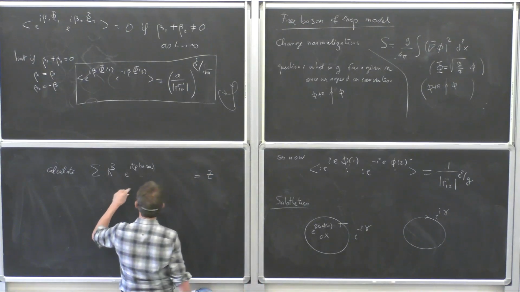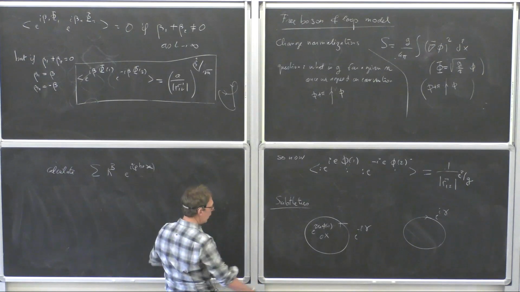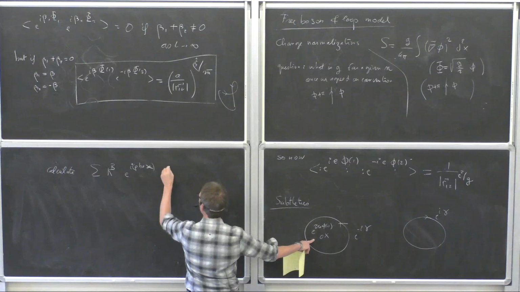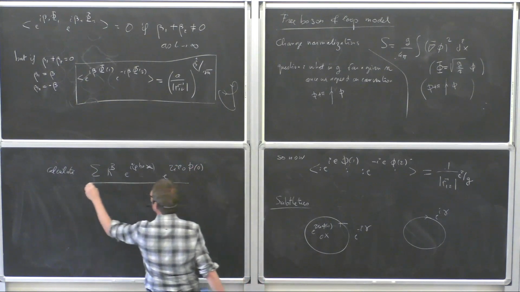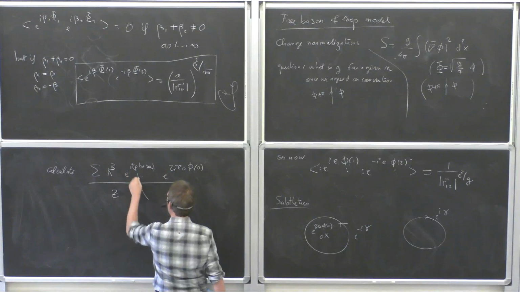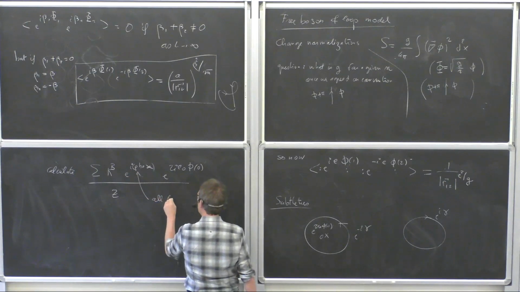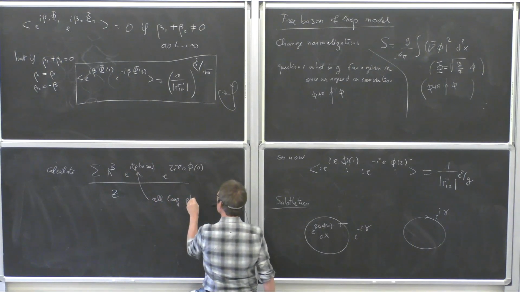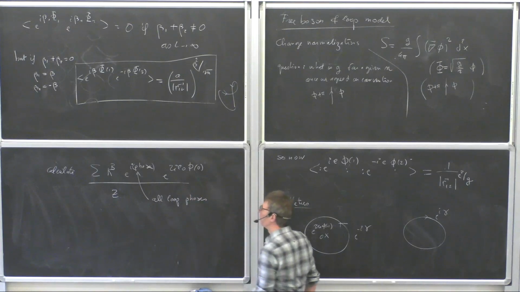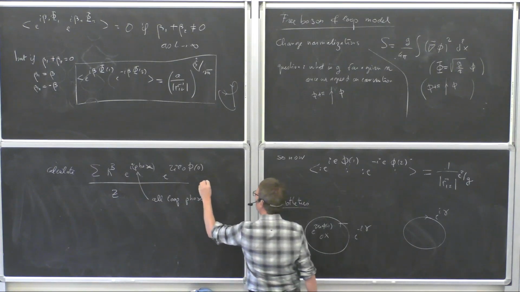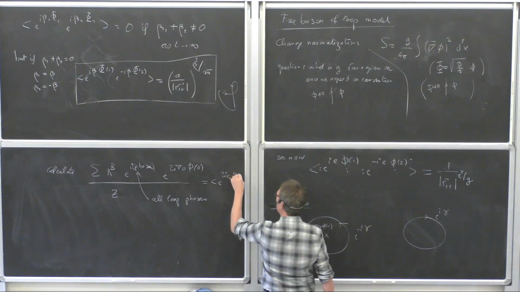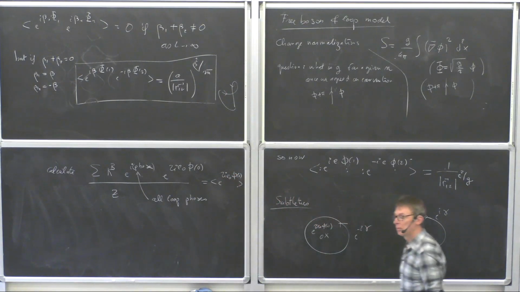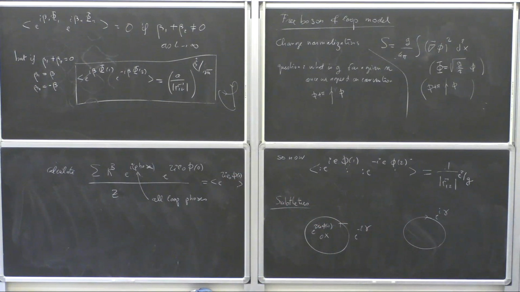And now I'm calculating not the partition function, but the average of this observable. Once again, this accounts for all the loop phases, and this is now the observable I have inserted. So let me calculate the average of this.